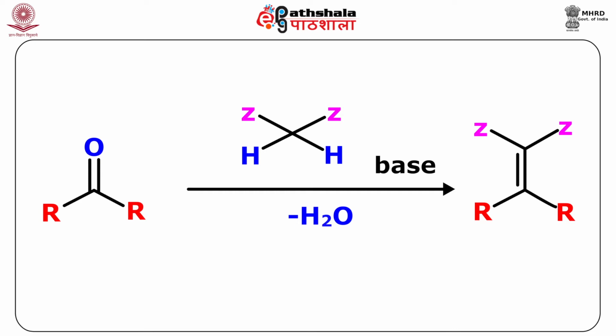So, this will be successfully generating the alpha carbanion, and that will be held by the two electron withdrawing groups in the active methylene compounds. So, now the combination of the alpha carbanion and the aldehyde or ketone molecule will be feasible.